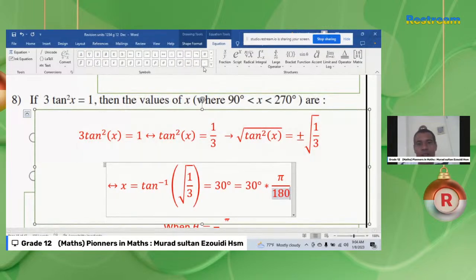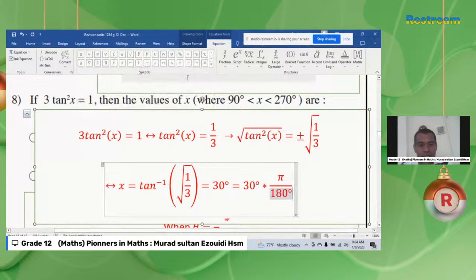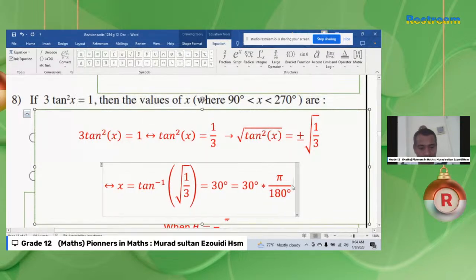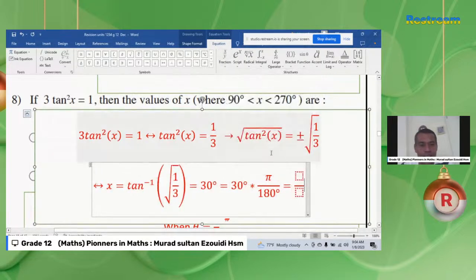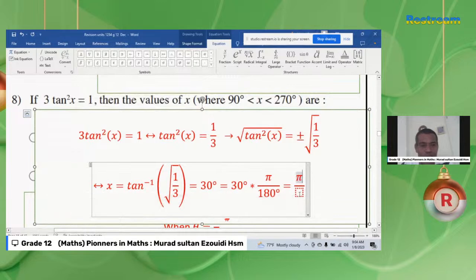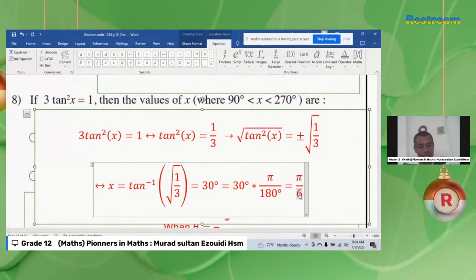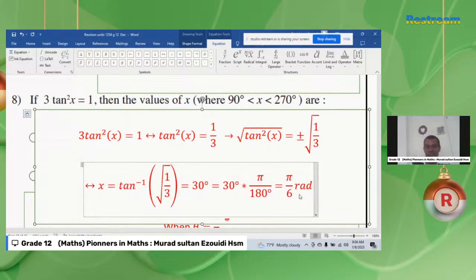Therefore, learners, you can cancel the common factor between 30 and 180. It will be pi over 6. So pi over 6 in radians is equal to 30 degrees.